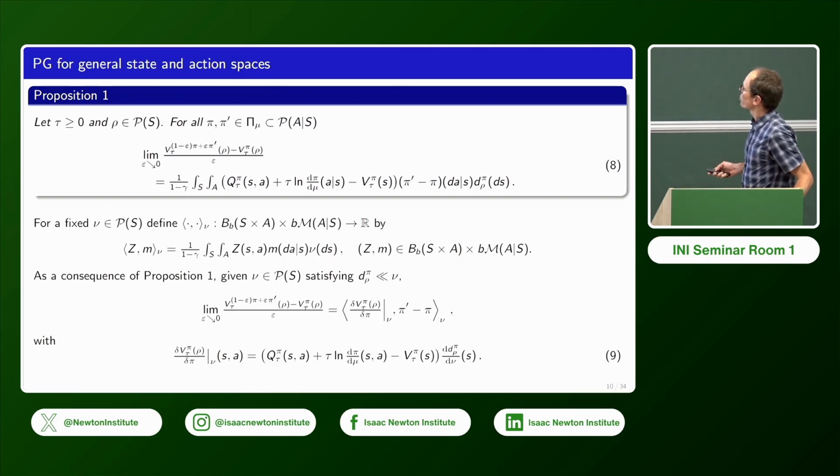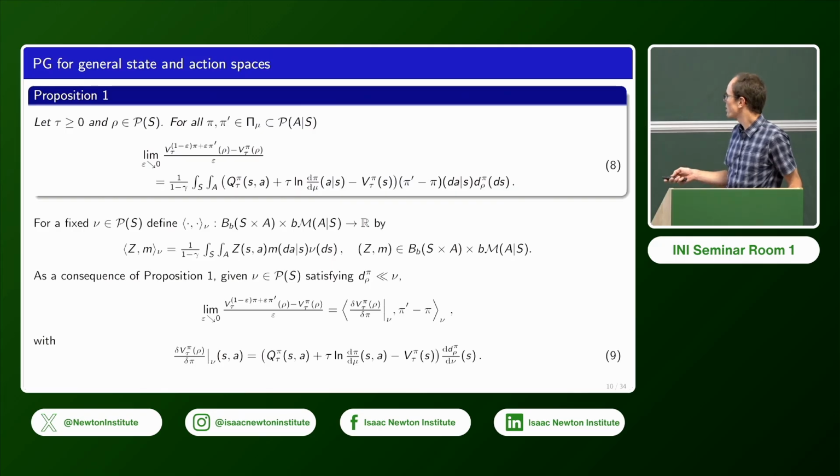And then, if you want a more compact notation, you can see this double integral as a pairing between bounded functions and signed measures, and write it in this more compact pairing notation. So your first variation is basically Q minus V, which is the advantage, plus an extra term you get from the entropy regularization.